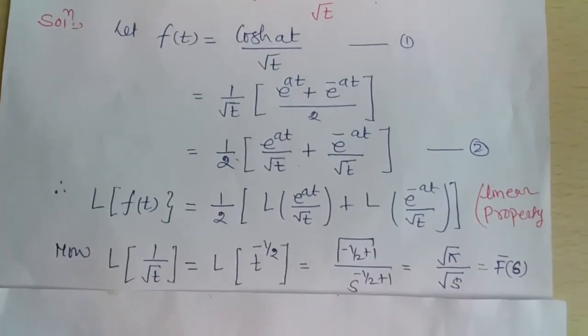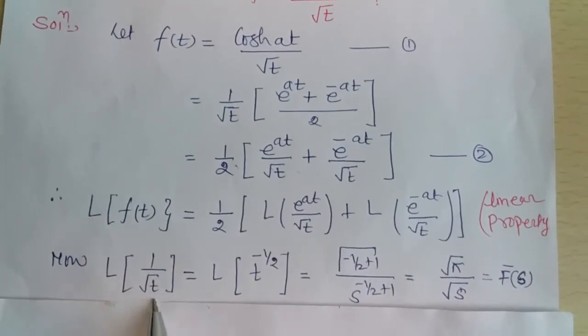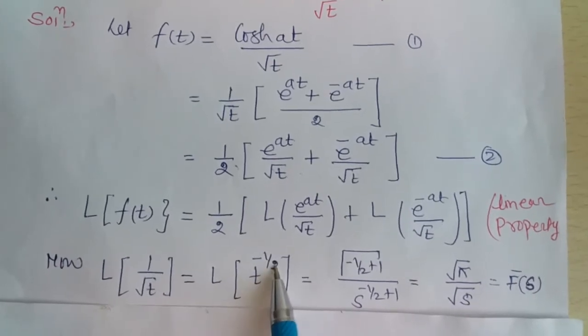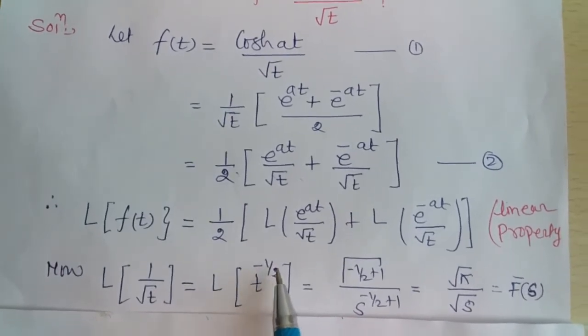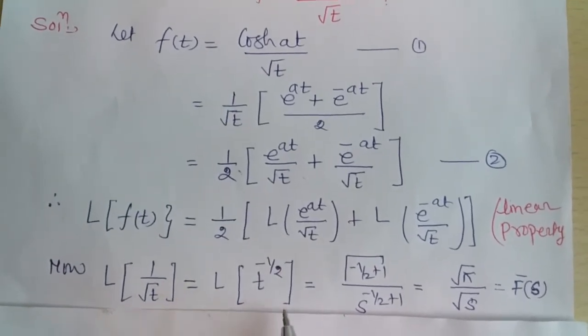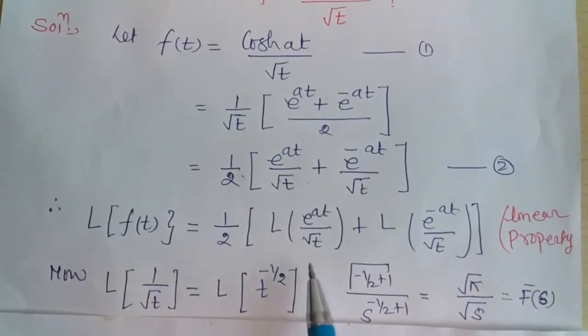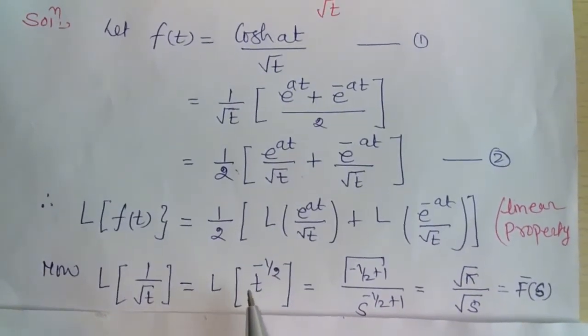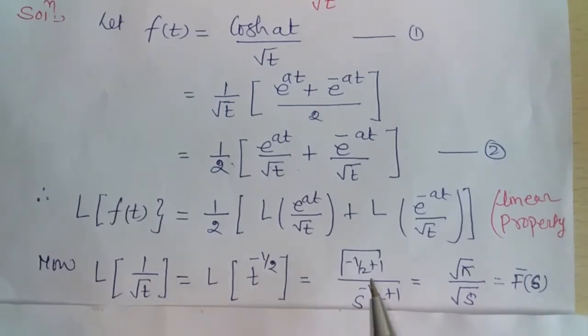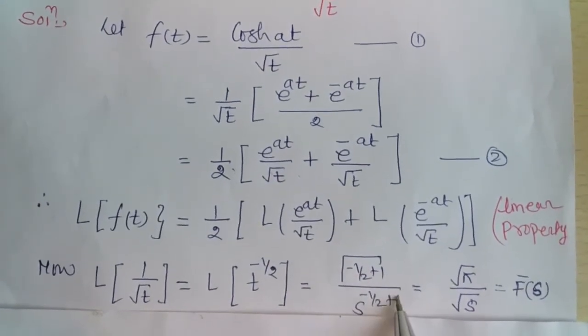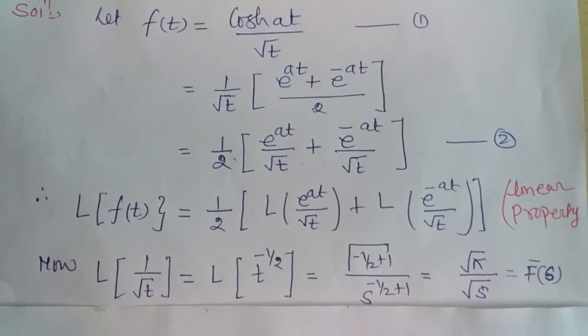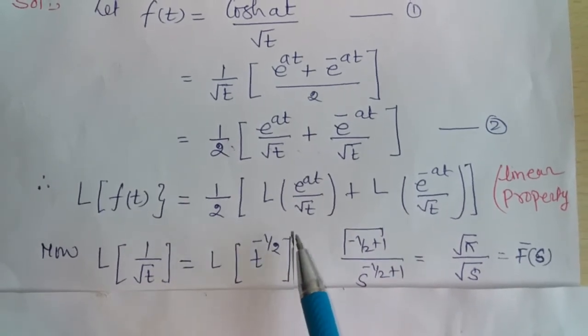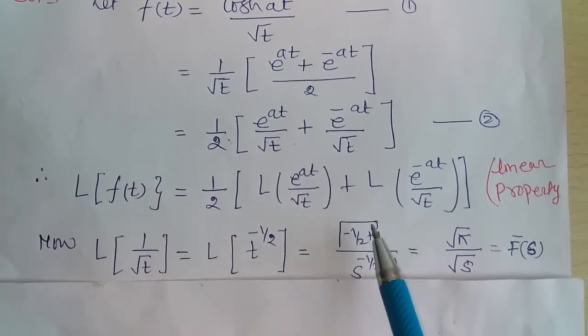So the Laplace transform of 1 upon root t. 1 upon root t is what? t raised to minus half. Now to find its Laplace transform, we use the formula: Laplace transform of t power n is gamma (n plus 1) upon s power n plus 1. Since n is not an integer quantity, we use gamma notation.